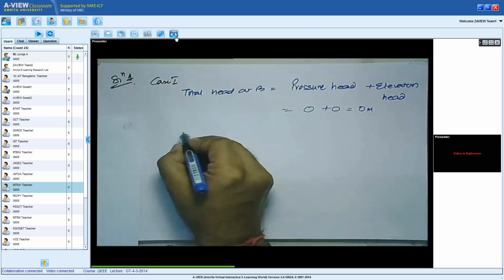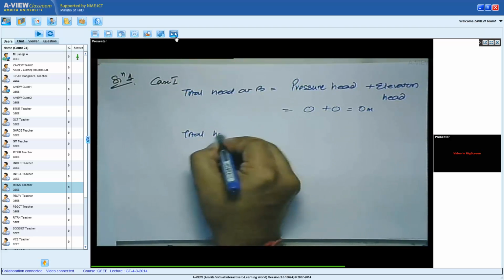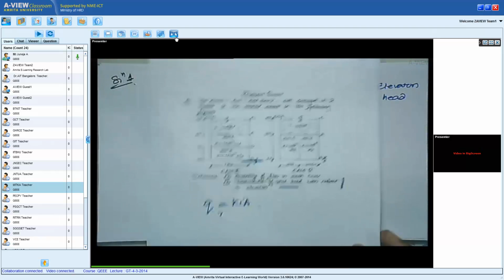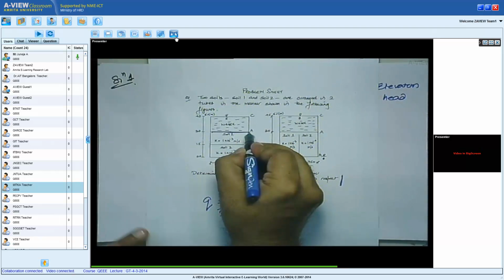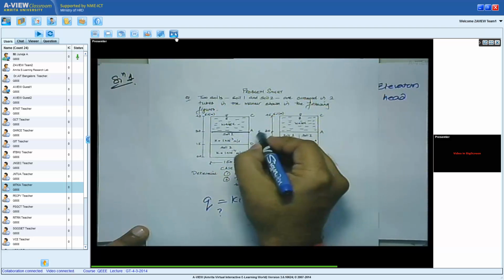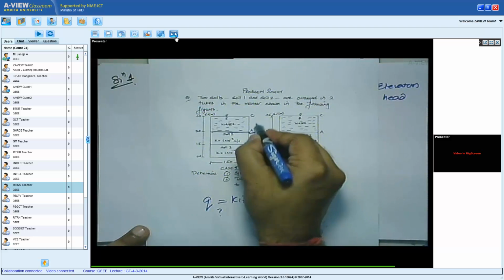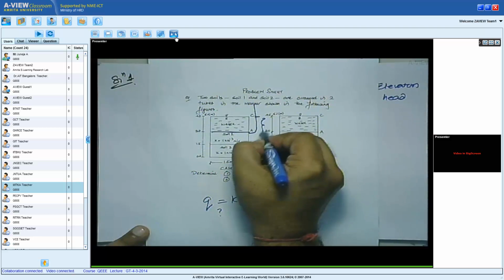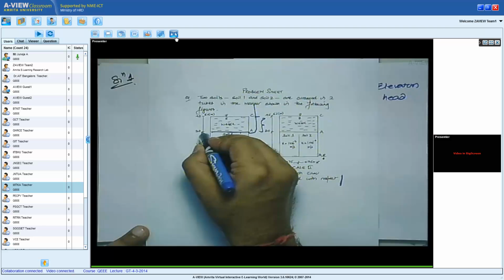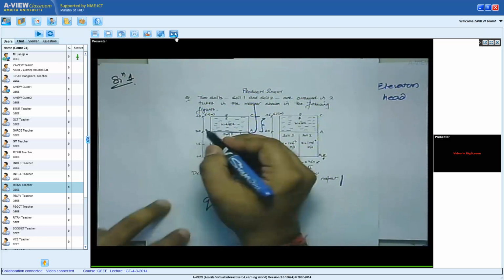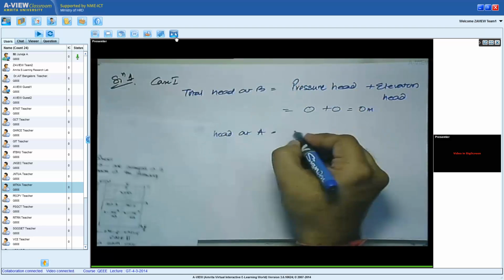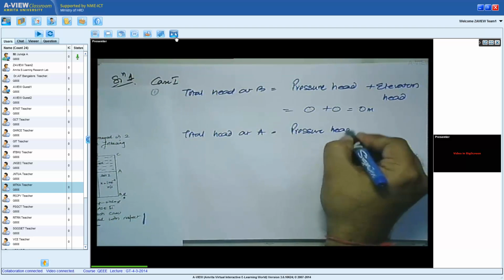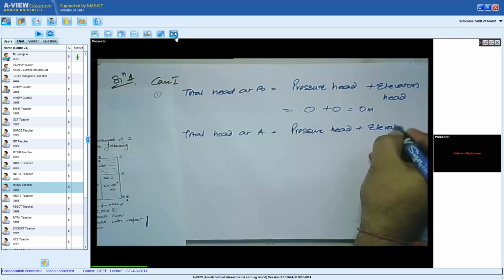So next, what is the total head at A? Let me bring back the figure. That's the A level. The total head is the pressure head, meaning if I insert a standpipe over there, the water level in the standpipe would be this height, which is from 3 to 4.5, it's 1.5 meter. Pressure head plus the elevation head.